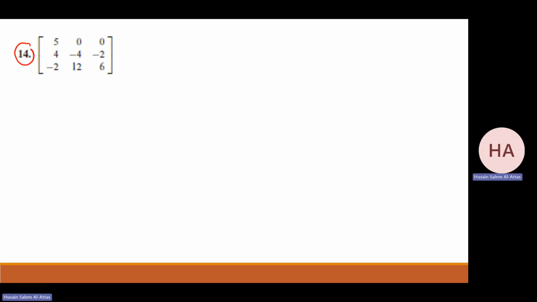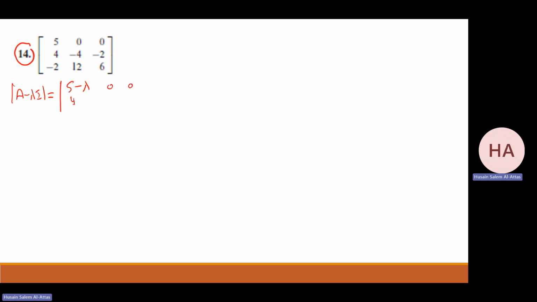Okay. Now it becomes more interesting. I have a 3 by 3. Now the calculations will be a little bit harder. Let me see what will happen. I need to do A minus lambda I. That gives me 5 minus lambda, 0, 0.